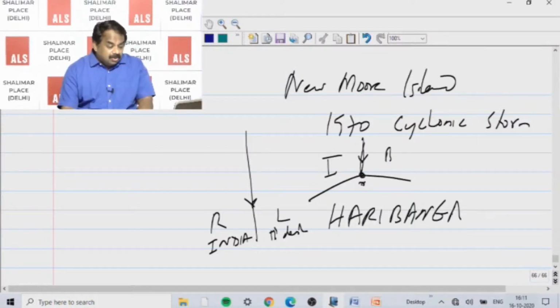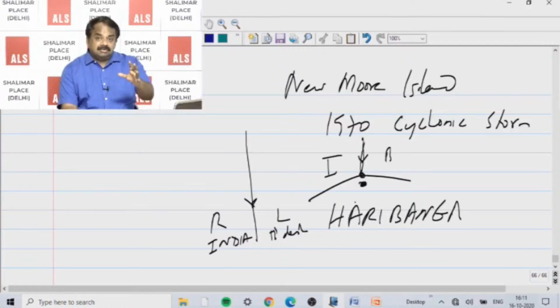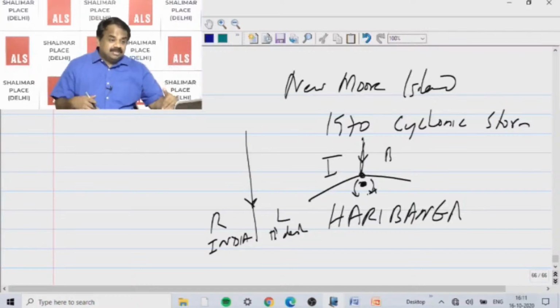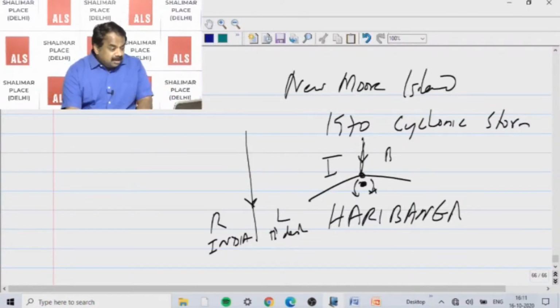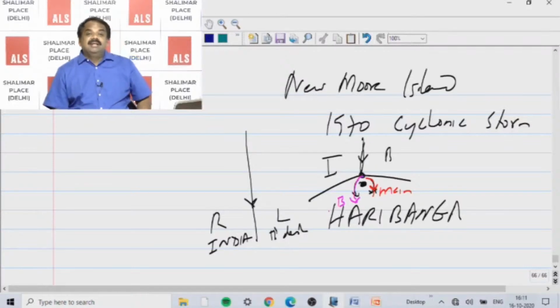Now since the island was formed exactly in the middle of the river and the water is flowing on either side, which is the right of the river and the left of the river is the issue. India says the main river is on the left. Bangladesh says no, Bangladesh says this is the main channel.